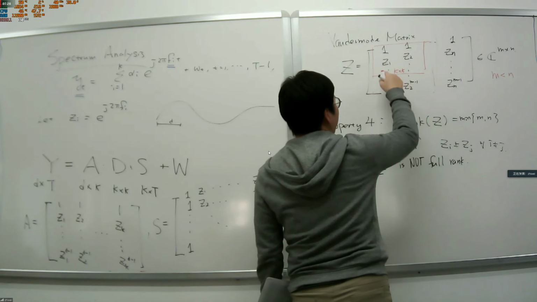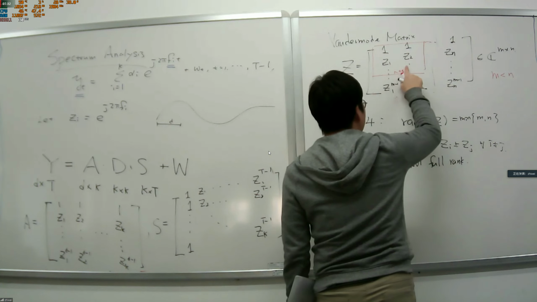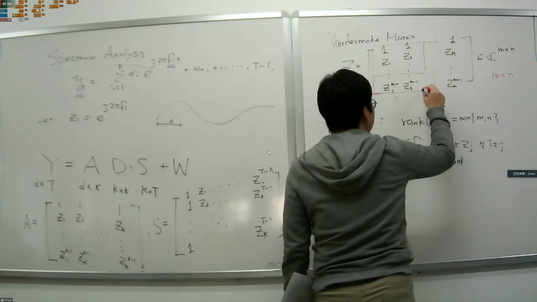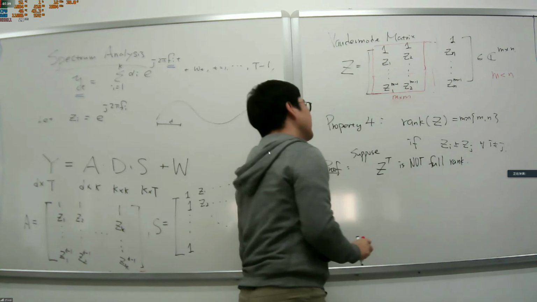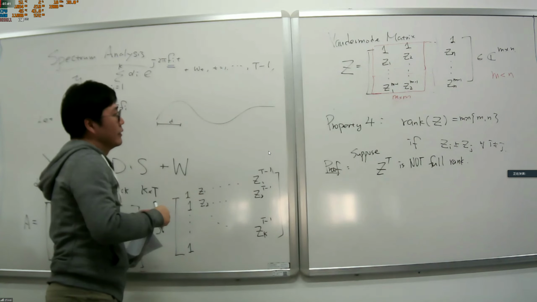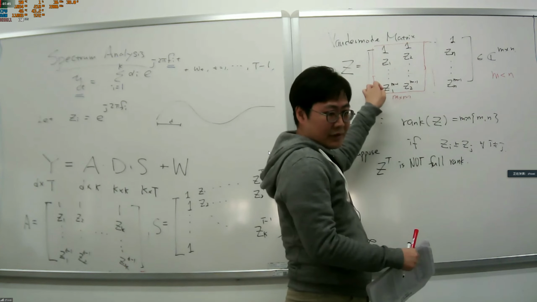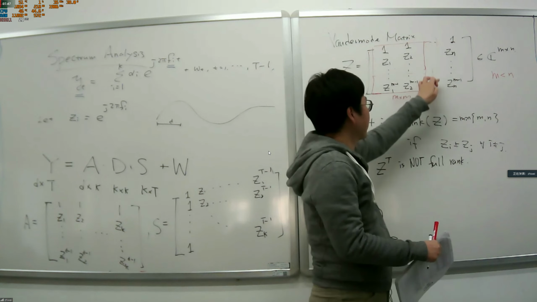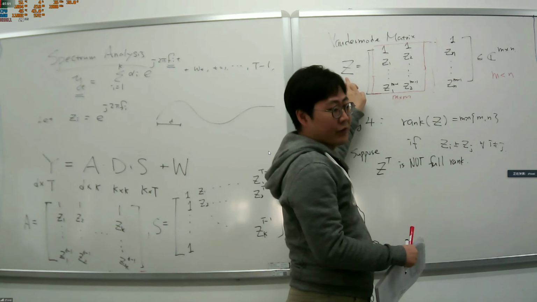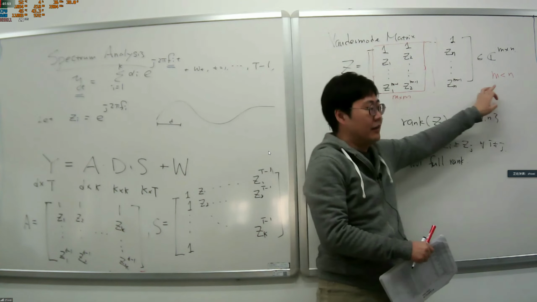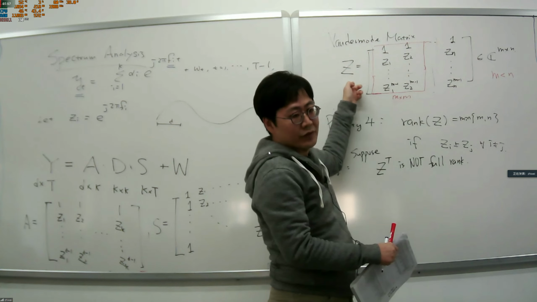So k can be m, if the matrix is m by n. It's fine to check the square submatrix. If the square submatrix is full rank, then Z is full rank. For example, if m is less than n, we check this m by m submatrix; if it's full rank, then Z is full rank.